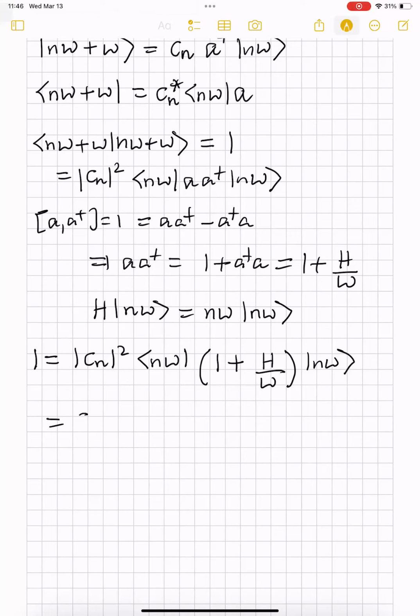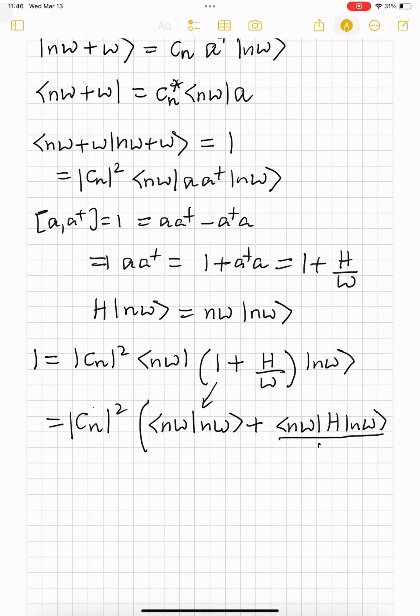So this gives me mod of Cn squared. Then I've got bra n omega, ket n omega. So that's coming from the 1. And then I've got plus bra n omega H ket n omega over omega.